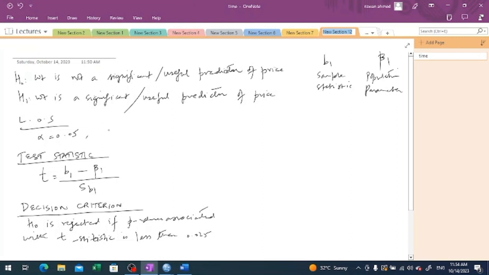Over here again I would mention rather this as a two-tailed test, because we are just stating in H1 that it is a useful predictor. We are not mentioning the nature of relationship. Therefore, it should be performed as a two-tailed test. In fact, when rejection goes on in the right tail or in the left tail, it will automatically tell us that the nature of relationship is positive or negative. Now, decision and conclusion we write down.